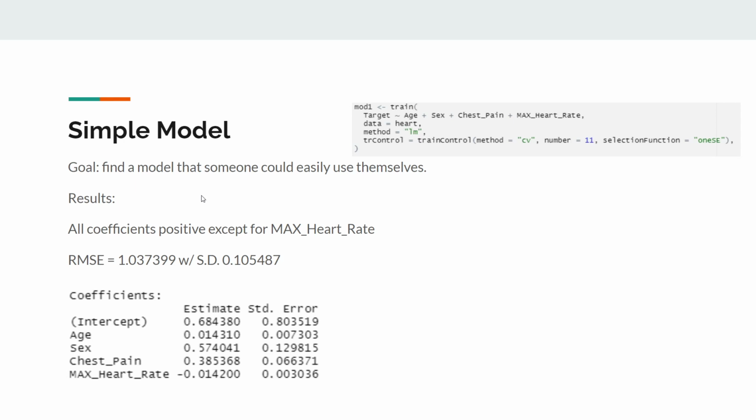So as you can see, all of the coefficients were positive except for max heart rate, which for me was actually a little bit surprising. I would expect all of them to be positive, but this is what the model came up with. And we get an RMSE of about 0.04 with a standard deviation of about 0.1 or 0.11. And that's all right, but I kind of chose these variables at random, so maybe we could get a little bit of a better model here.